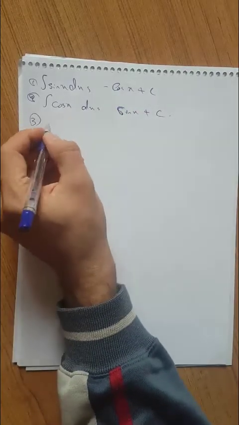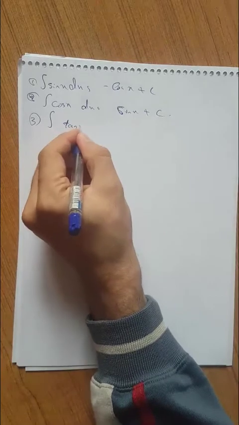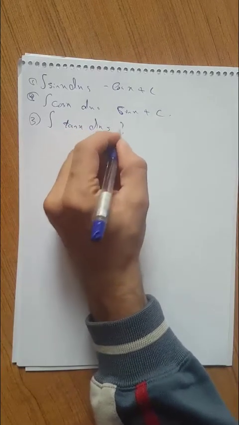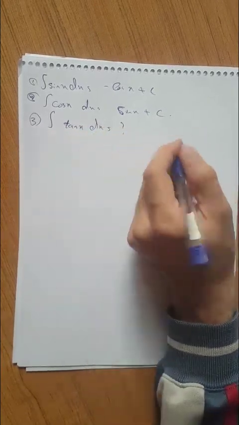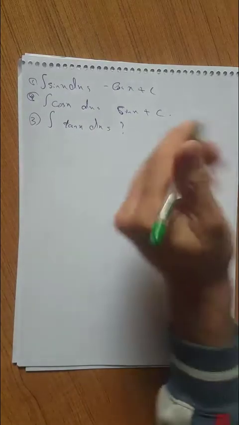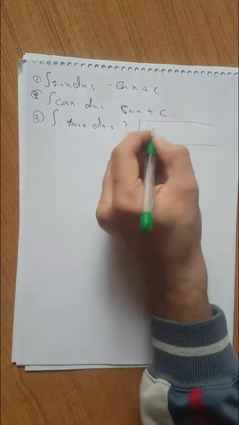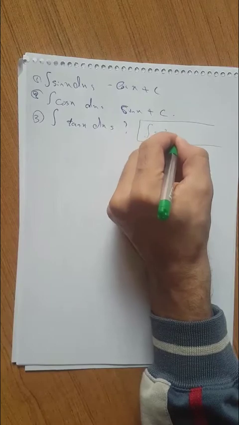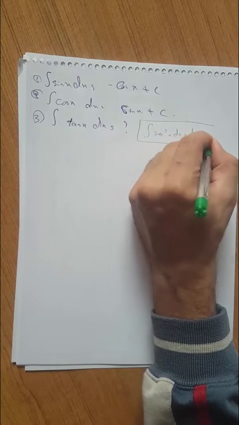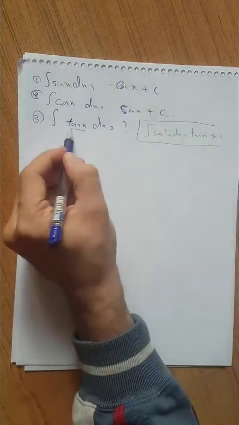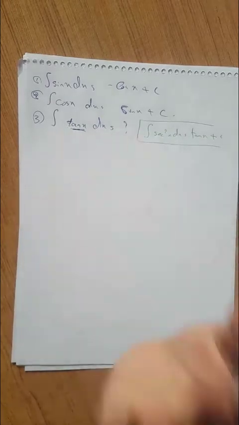Also, we don't know the integral of tan of x dx. I am just reminding you, it was secant squared x dx that is equal to tan x plus c. But we haven't a direct method for tan.